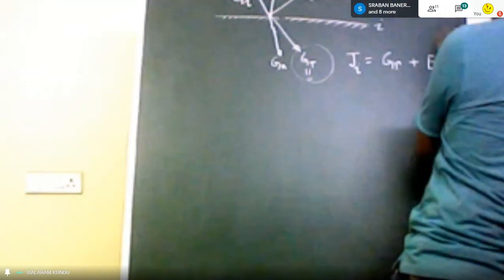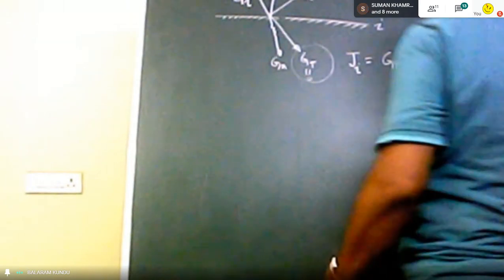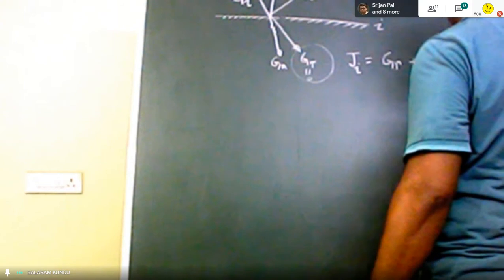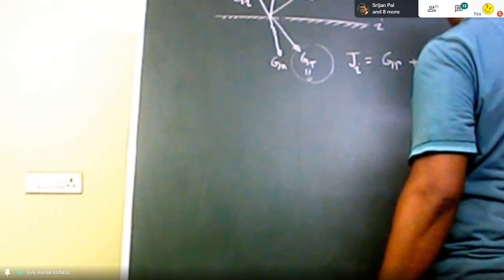So surface I has been considered here. Just for notation, say EBI into epsilon I here.